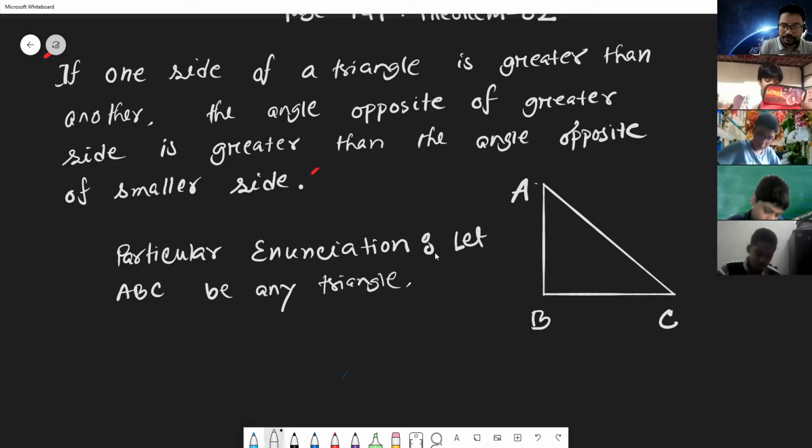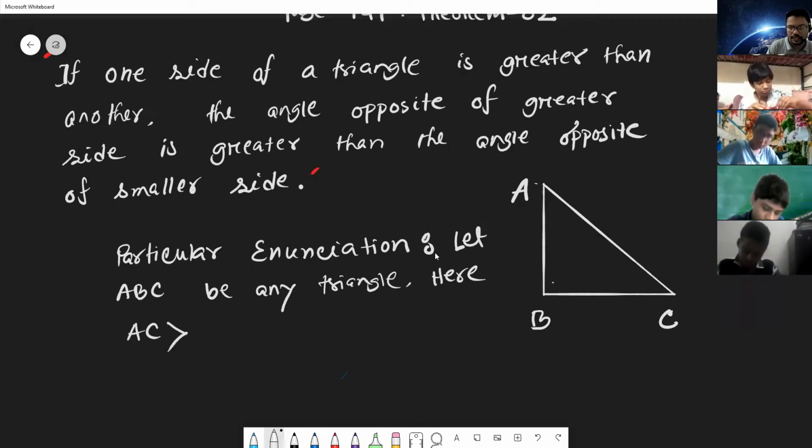Here AC is greater when comparing the two sides. Here AC is greater than AB, that means the side opposite the greater angle is greater than AB.